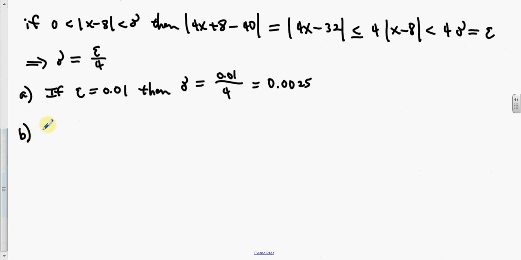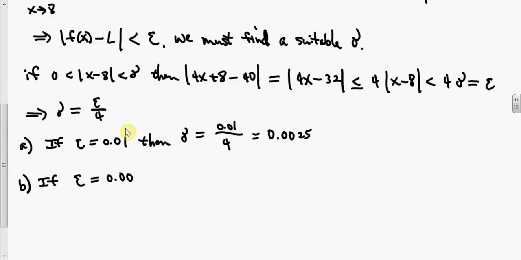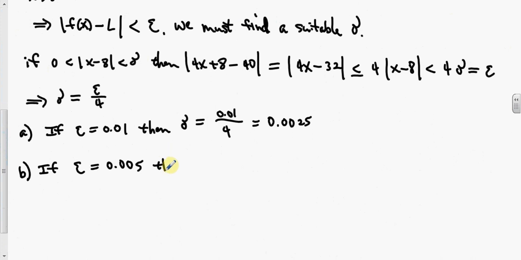Then for part B, if epsilon is equal to 0.005, then delta is equal to 0.005 all over 4. This gives us 0.00125.